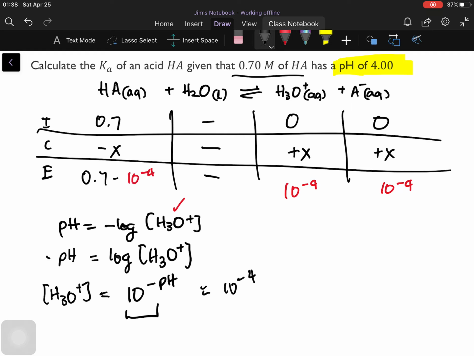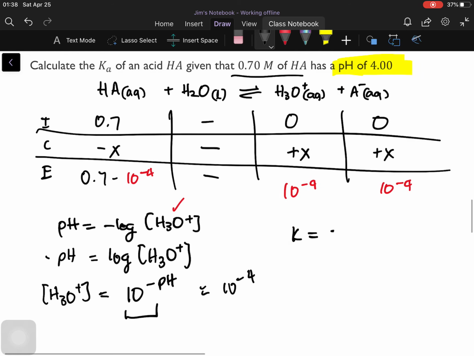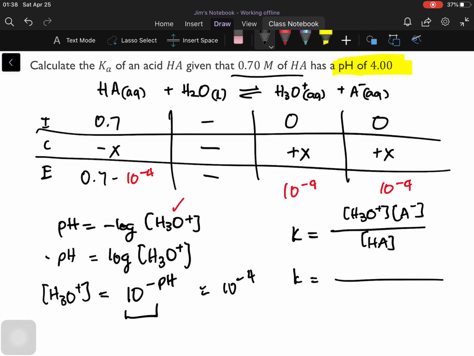So that means we can now solve for the K. The K for the reaction is the concentration of H3O plus times the A minus over the concentration of HA. So that is 10 raised to negative 4 times 10 raised to negative 4 over 0.7 minus 10 raised to negative 4.